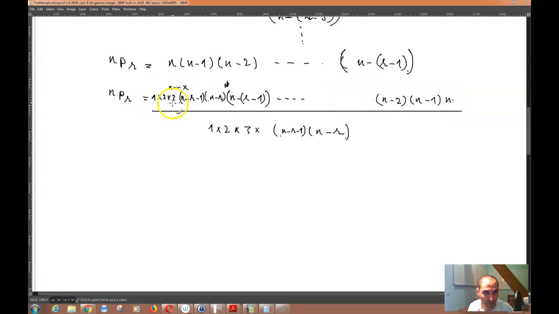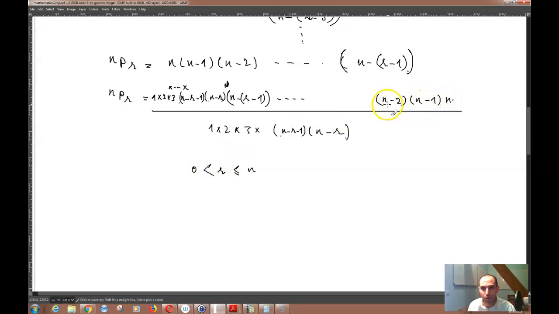But in case these terms in the middle are kind of confusing, you can think of r as some number less than or equal to n and greater than 0.